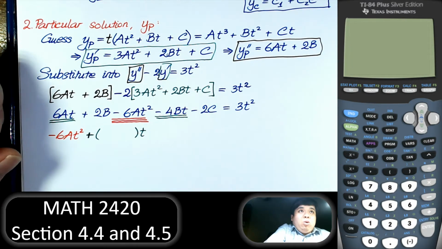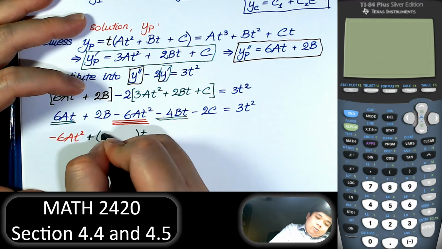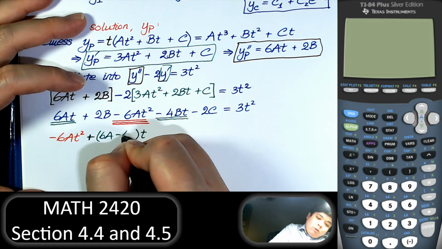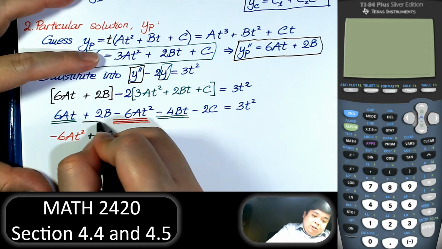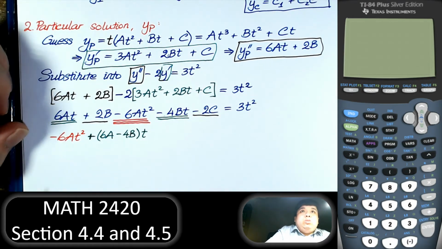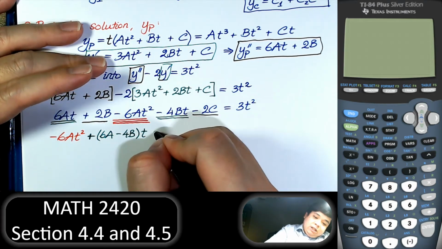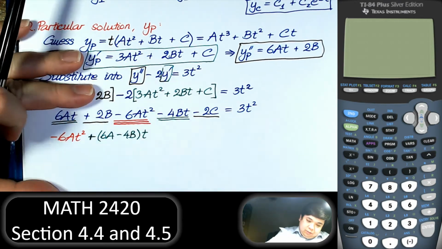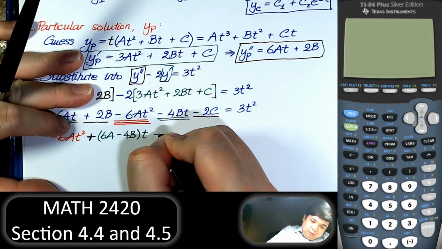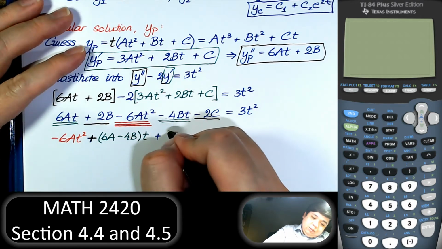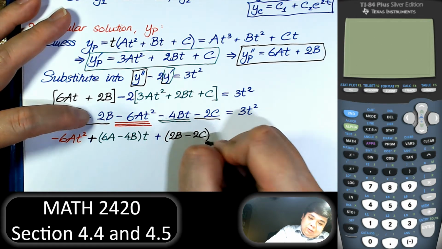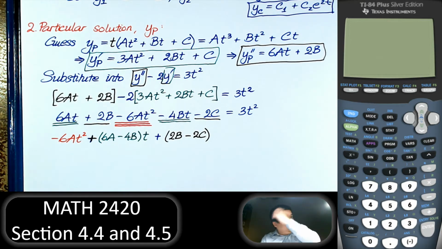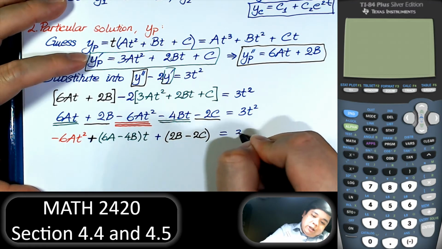In the parentheses we have 6a minus 4b, and then the constant 2b minus 2c. And that is equal to 3t squared.